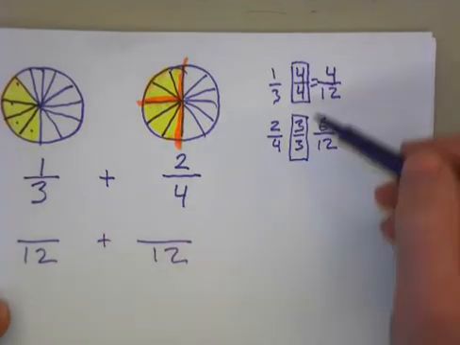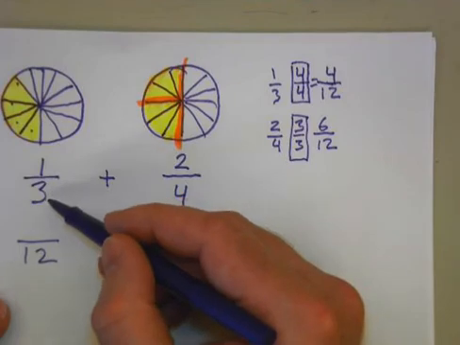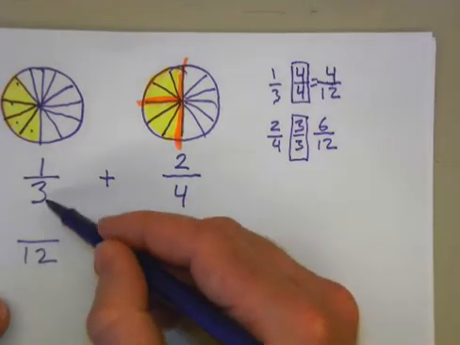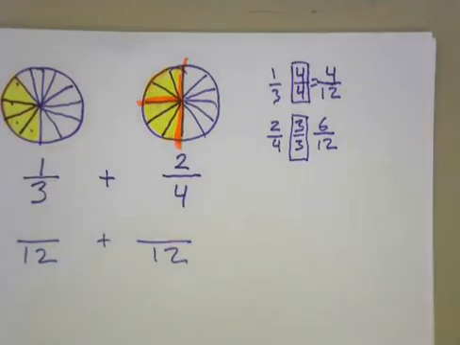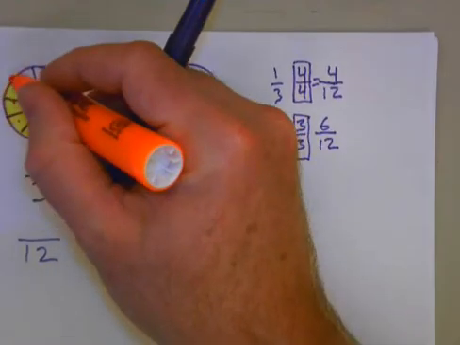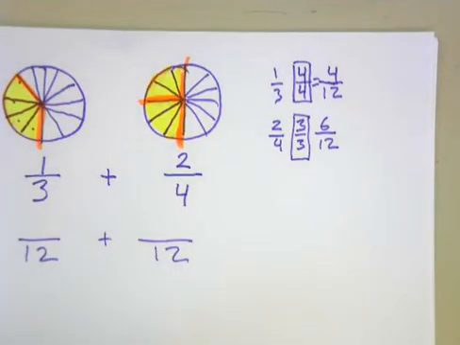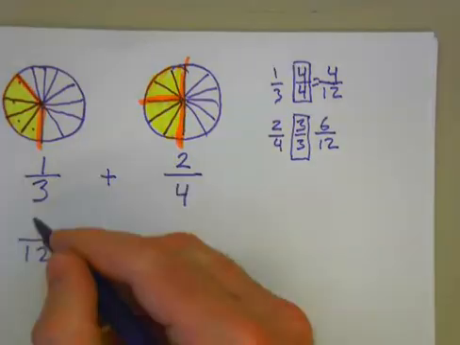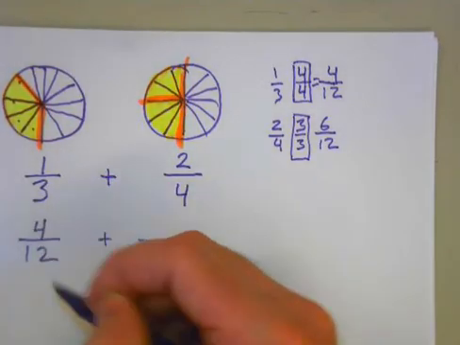And this time, instead of doing the giant 1, I'm going to do 3 goes into 12 how many times? 3 goes into 12 4 times, which means each of the original pieces is divided into 1, 2, 3, 4 pieces. And I only had one piece, so 1 times 4 is 4.